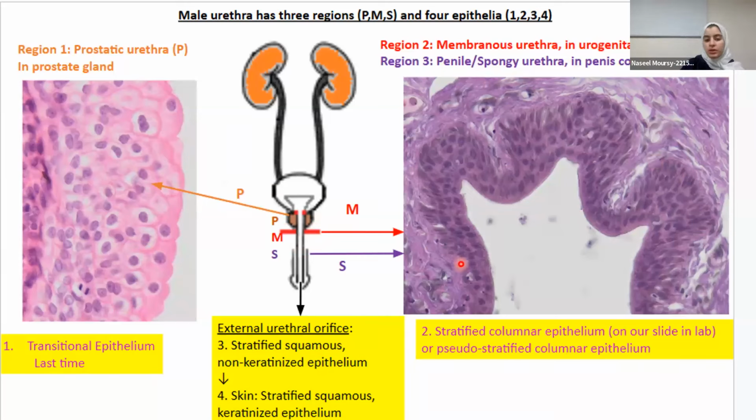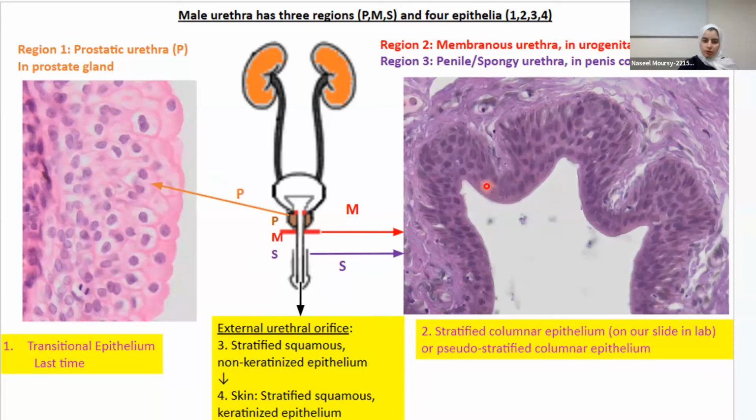This would have stratified columnar epithelium or pseudostratified columnar epithelium. As you can see, it looks stratified, right? So this would be your penile or spongy urethra, mainly. Again, prostatic urethra is transitional epithelium, and penile or spongy urethra is stratified columnar epithelium, or pseudostratified, but mainly stratified. Stick with stratified. So these are the parts of the urethra.